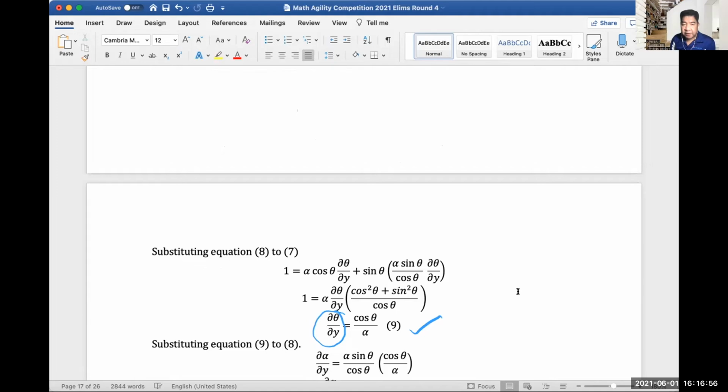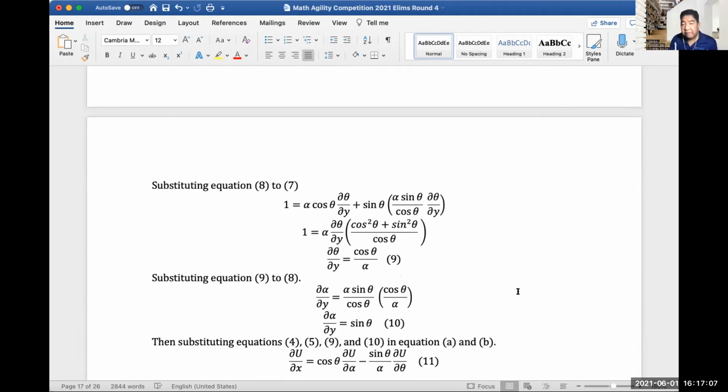Okay, so the next step is to substitute this equation 9 to 8, and we would get the value of partial of alpha with respect to y, and that would be equal to sine theta. That's equation 10.